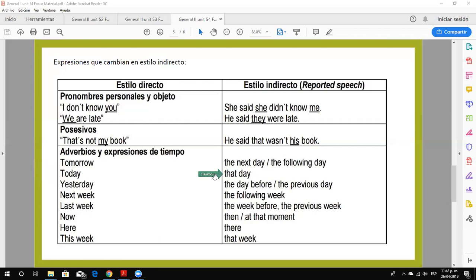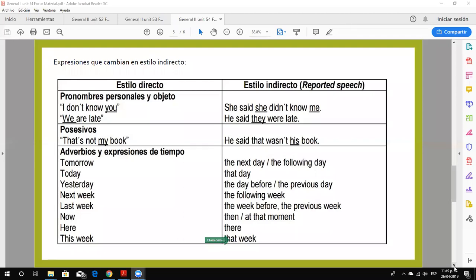Yesterday changes to the day before or the previous day. Next week, the following week. Last week, the week before or the previous week. Now, then, at that moment. Here, there. This week, that week.